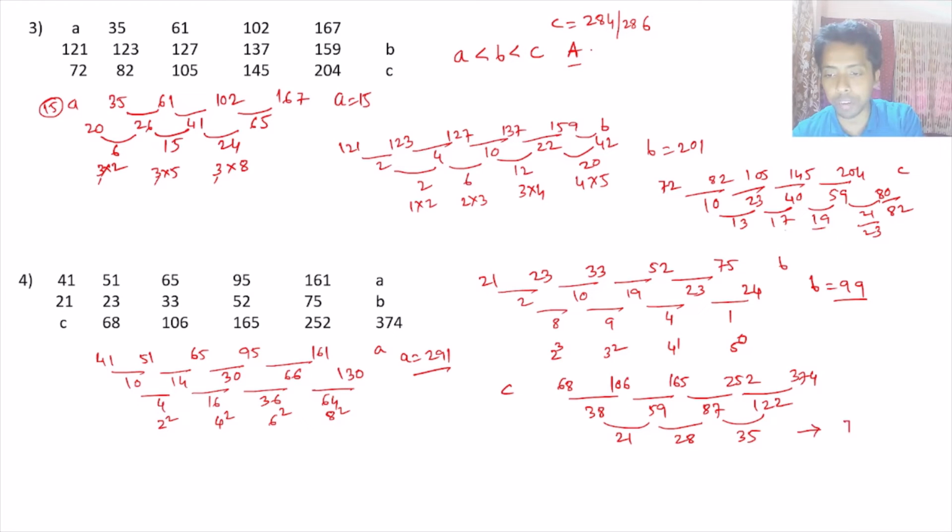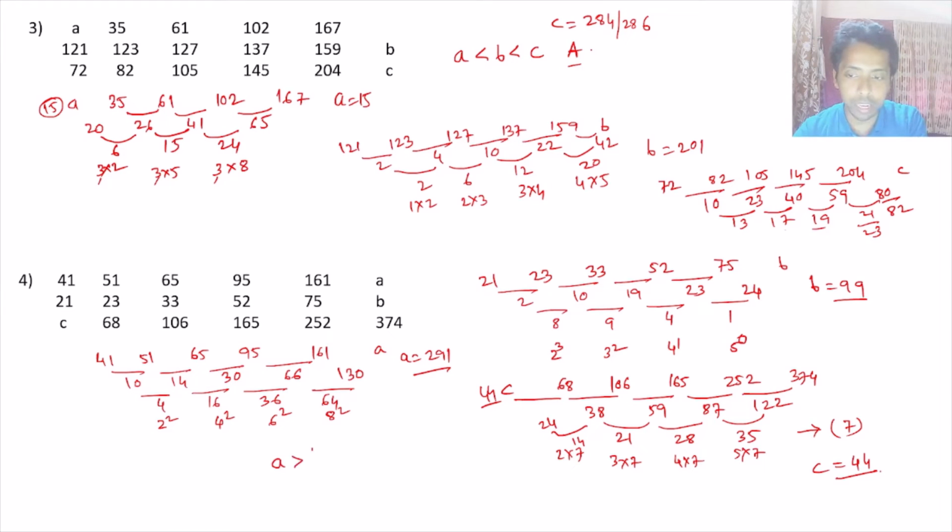All the numbers are multiples of 7 only, right? So if this is 7, just factorize it. 3 into 7, this is 4 into 7, this is 5 into 7, right? That means this difference should be 2 into 7, that means 14. If this is 14, that means this is 24. 24 is the difference between these two, that means this should be 44, the value of C, right? So the value of C is 44. So what's the relation between A, B and C? A greater than B, B greater than C. Simple relation, right? Moving to next.